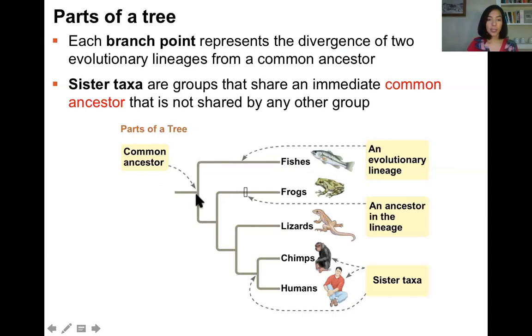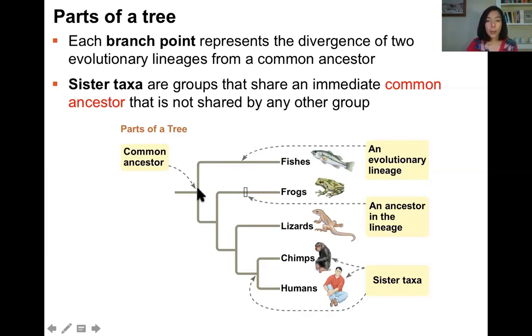In this case, we have an ancestor that lived in the past, and that speciated, and that speciation led to this lineage that at the end is represented by this lineage of fishes. This is an evolutionary lineage, and if we zoom into this, we will have many species of fishes in this lineage.